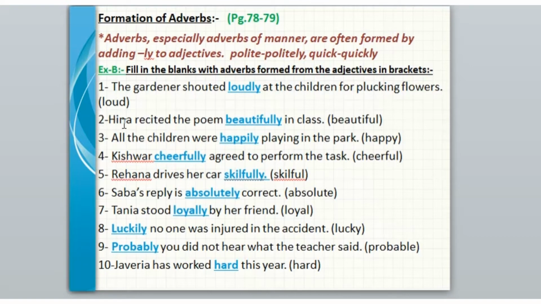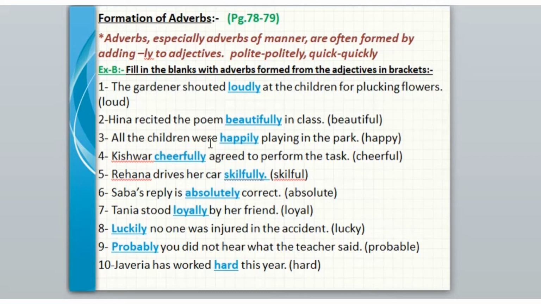Number 2. Hina recited the poem dash in class, bracket says beautiful. How will you make it an adverb? By adding ly in the spellings. It will become beautifully. Students, focus here, double L. I will repeat again. Hina recited the poem beautifully in class. Number 3.